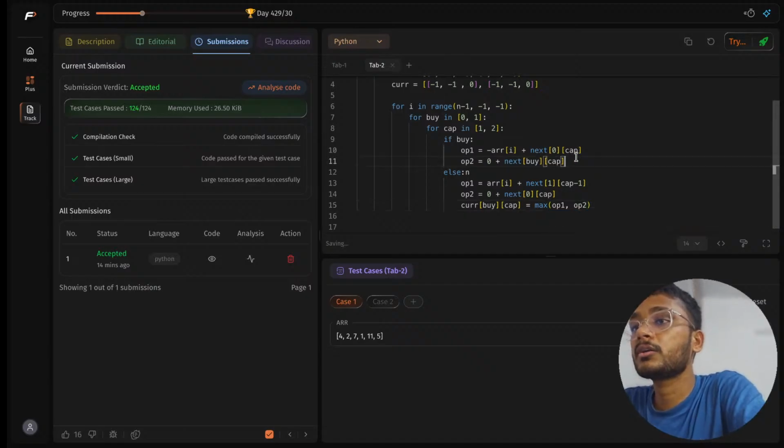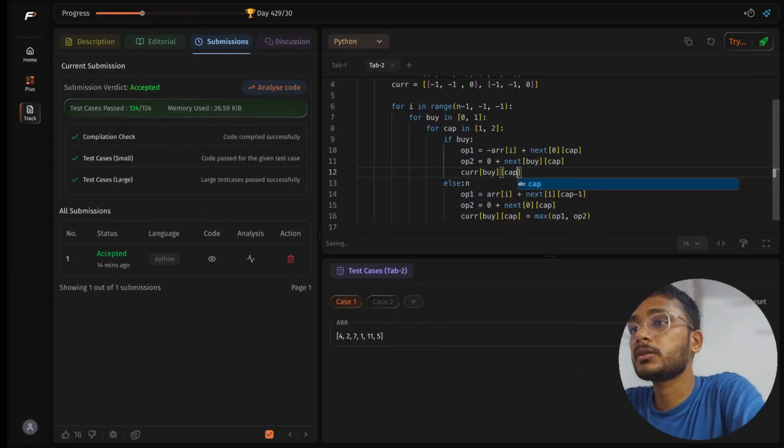So current of buy, and capacity is equal to max of OP1, OP2. I'm not consciously focusing, I believe.